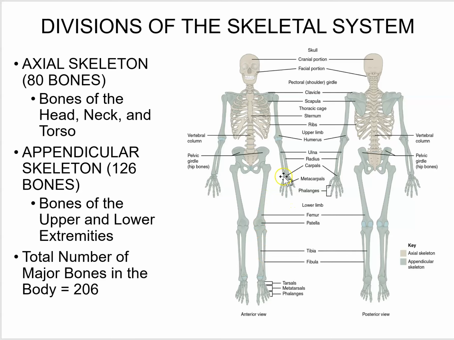It's because when we count all of the individual bones in the wrist, the hand, the fingers, and in the ankle and the foot, that's where the number begins to start increasing, because we've got tiny, tiny bones that are down here. So if you add all of those numbers up, that's where your 126 comes from. So we add those together, and total number of bones in the body is going to be 206.